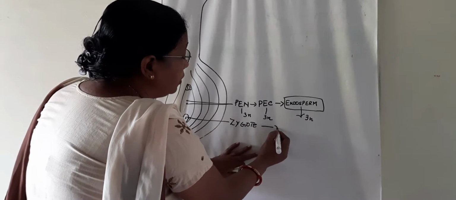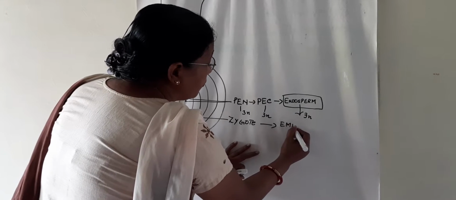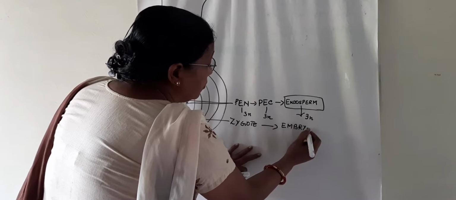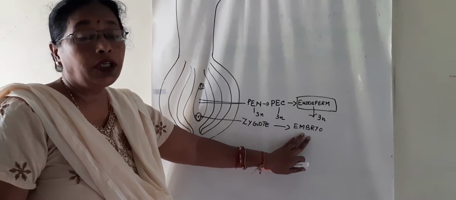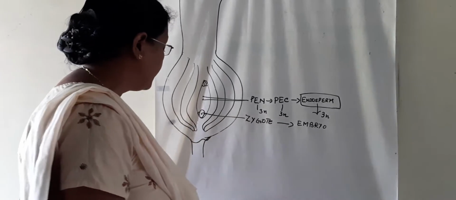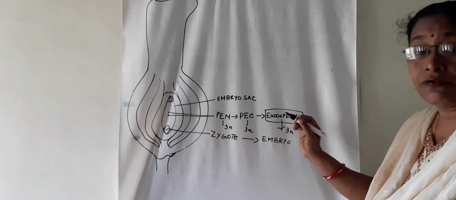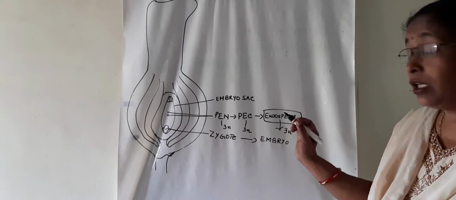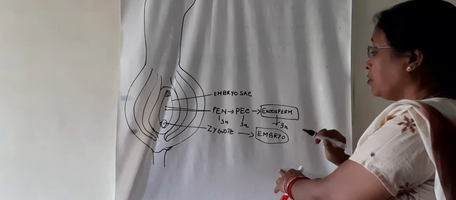The zygote will develop into the embryo. So development of the embryo is also an important post-fertilization part. The formation and the development of the embryo is one of the most important post-fertilization events.